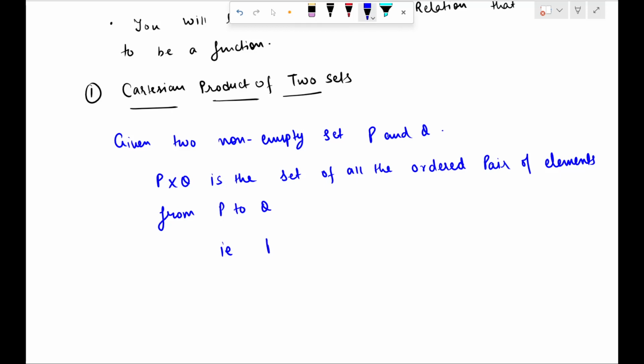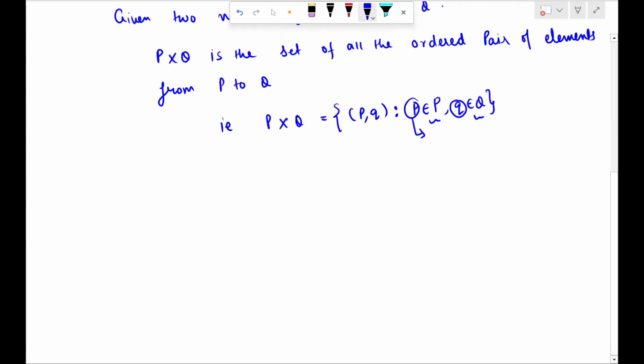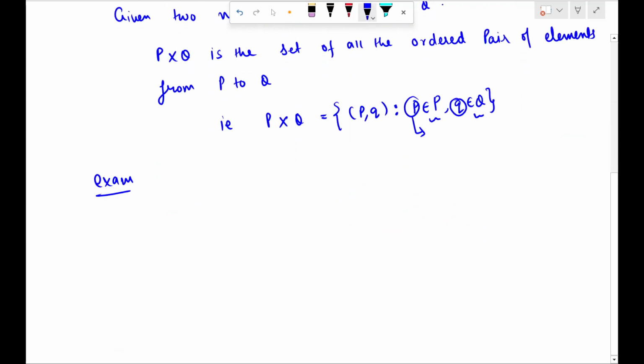That is, mathematically, P cross Q in set builder form we can write as the set of (p, q) such that p belongs to capital P and q belongs to capital Q, where P and Q are non-empty sets, and small p and small q are the elements of the sets P and Q. For example, let's say P has elements 1 and 2, and Q has elements 3 and 4.